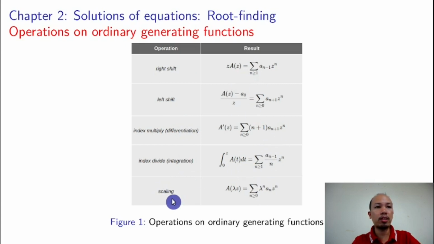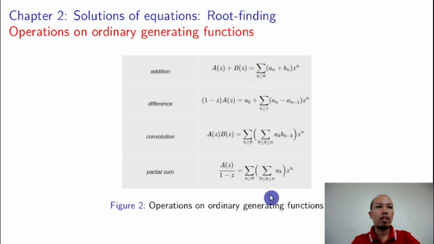You can also use scaling, index divide, integration, or index multiply, differentiation. As you can see here, we have multiplication, left shift, right shift, and we can also have addition, difference, convolution, and partial sum. So these are the operations on ordinary generating functions.